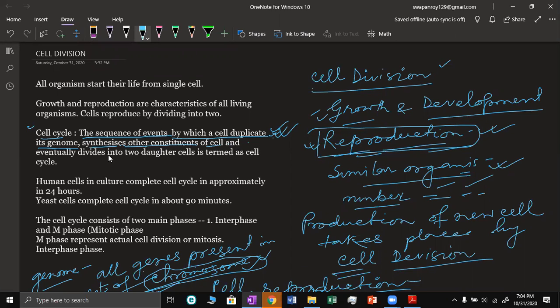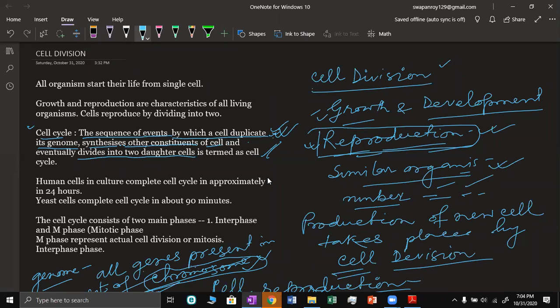So they synthesize the constituents of the cell, and eventually it will divide into two daughter cells. This sequence of events is called the cell cycle.